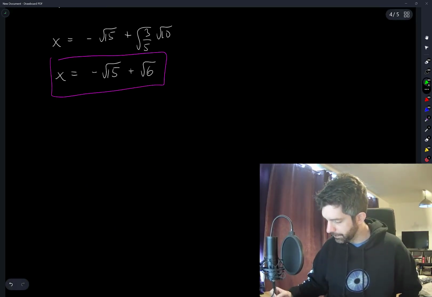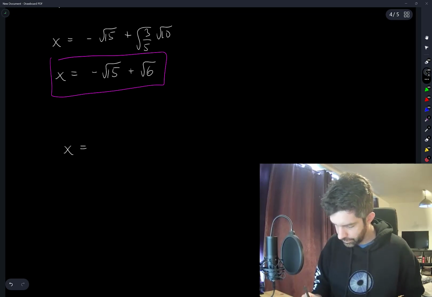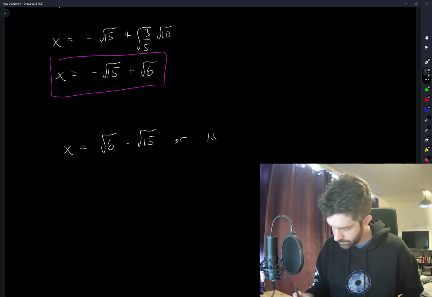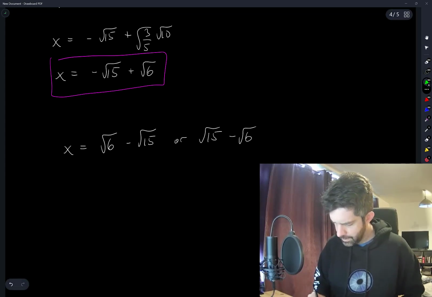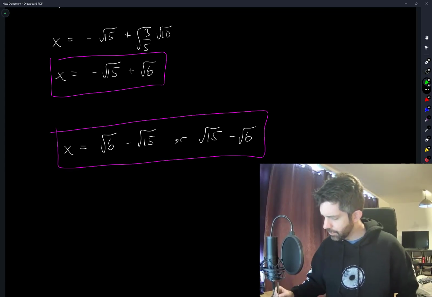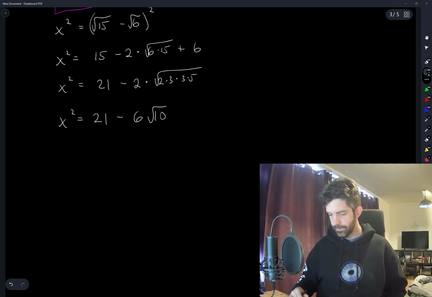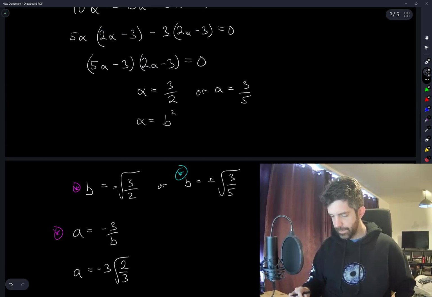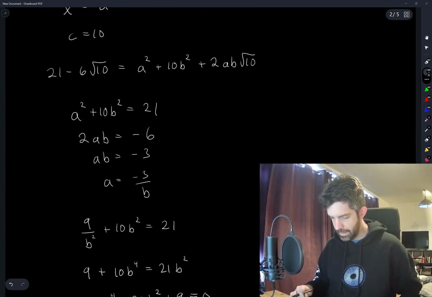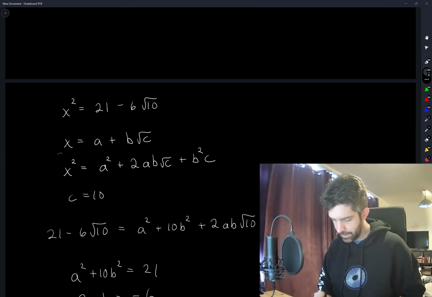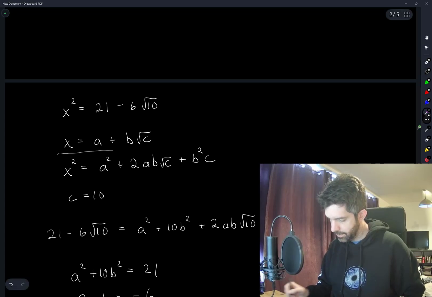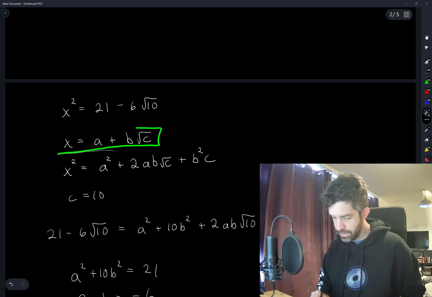Let me write it out in full. X is equal to root 6 minus root 15, or root 15 minus root 6. Yeah, it's a little strange the way I set this up, by saying that x is going to be of the form a plus b root 10.